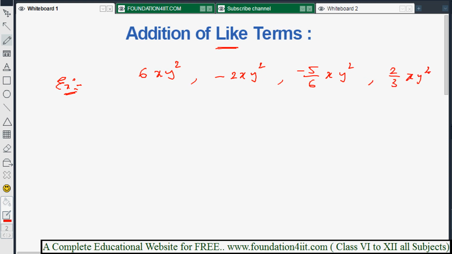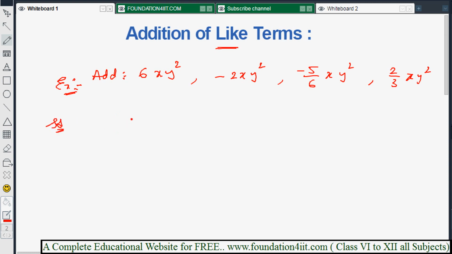All variables are xy square only. That's why these 4 are like terms. Now add these 4 terms. According to the method, we need to add only the coefficients. The sum of the coefficients of these 4 terms gives the sum of these 4 like terms.